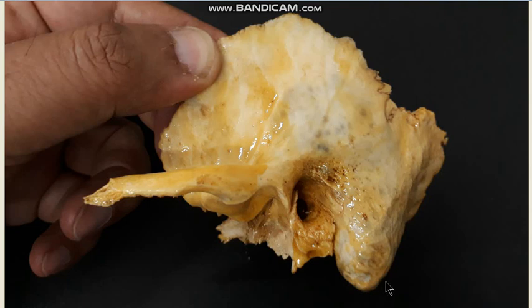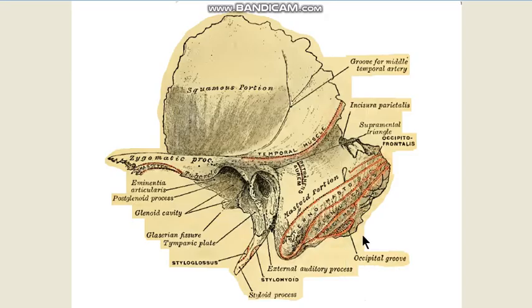And further medially you have a groove for the occipital artery which is going up into the scalp. So let us look at it diagrammatically. Here you can see auricularis posterior, occipital belly of occipitofrontalis, sternocleidomastoid, splenius capitis, longissimus capitis, groove for posterior belly of the digastric and occipital artery.